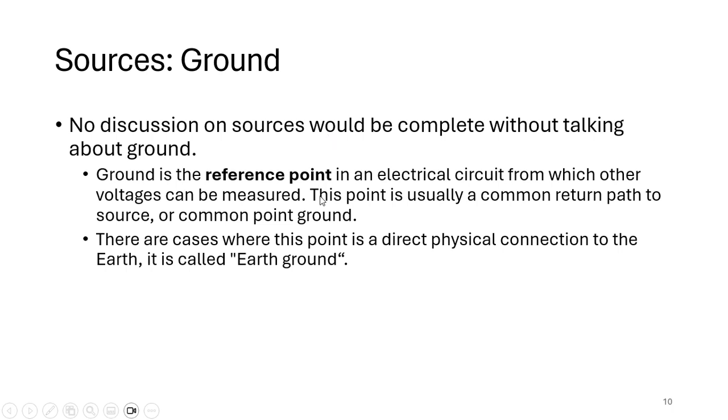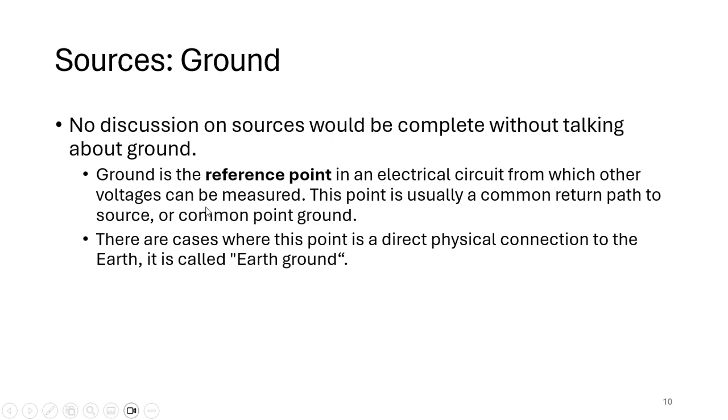So pretty much when we're measuring a voltage somewhere in a circuit, we say relative to this point here, which is that reference point, this is the amount of voltage difference between that point that we're checking and the reference point, okay? This point is usually a common return path to the source. It doesn't have to be, but it's typically a common return path to the source or a common point ground.